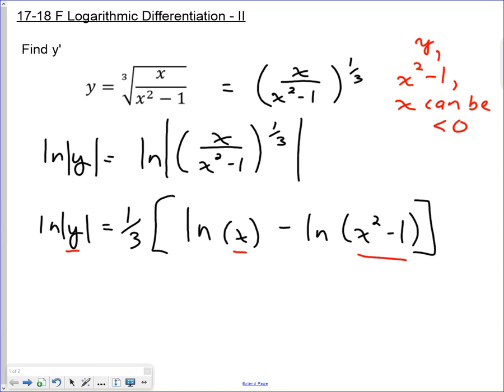Instead of taking ln of just x, we can take the ln of the absolute value of x, minus ln of the absolute value of x squared minus 1. Okay? Because we can think of this thing here as, if it's always going to be positive, this would be just ln of the absolute value of x over the absolute value of x squared minus 1, and then we can have the 1/3 down out here like this.